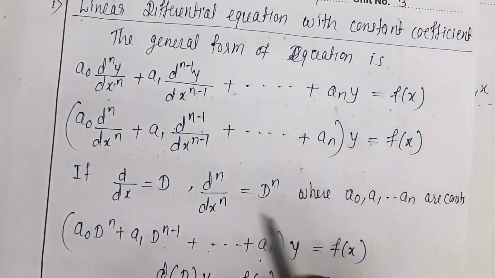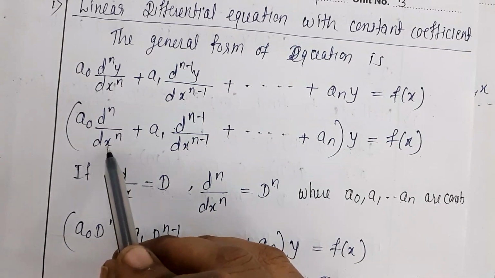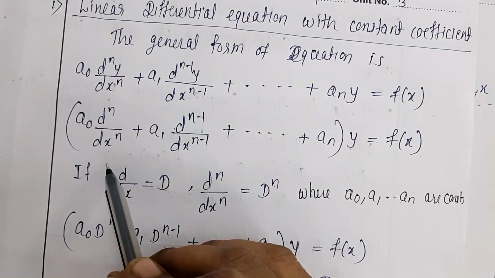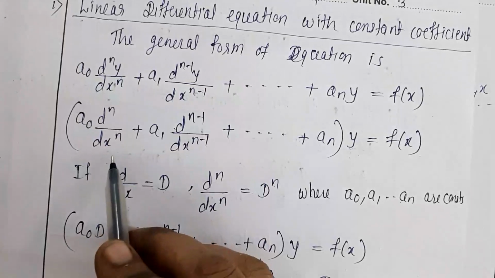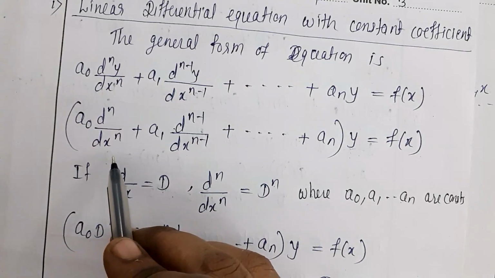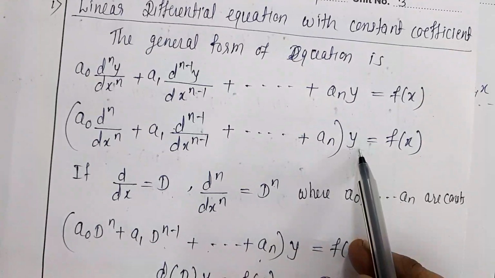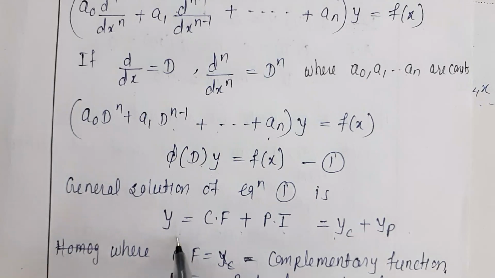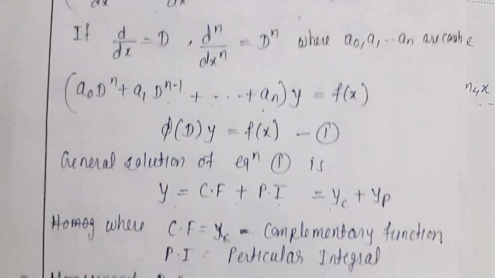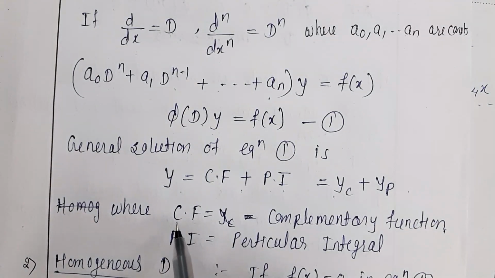The numerator variable is the dependent variable and the denominator variable is the independent variable. The dependent variable is always a solution in terms of the independent variable. So whatever solution we get for y, CF plus PI, is in terms of x only.